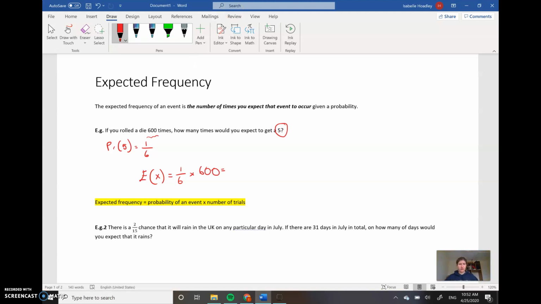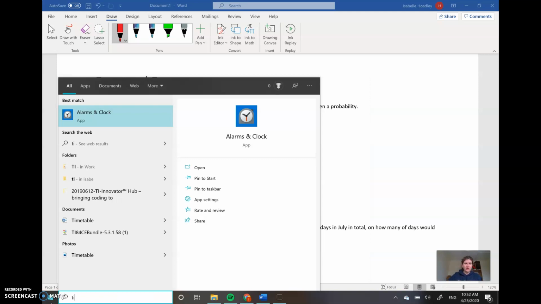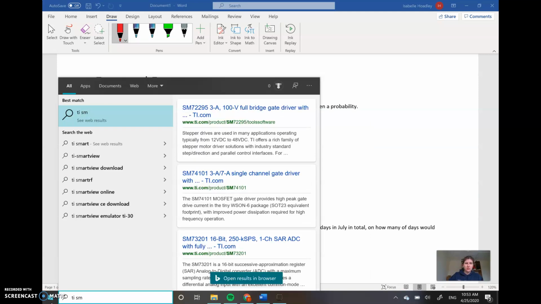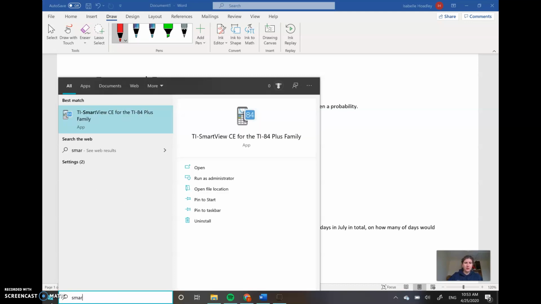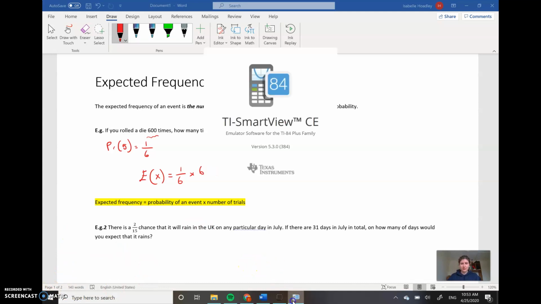Now again, if you want to use a calculator, go for it. I'll get mine up, it's going to be the TI Smart View. Remember you're going to have a calculator in your exam, so I'm happy if you want to do this on your calculator for the moment, but if you don't, that's also fine.